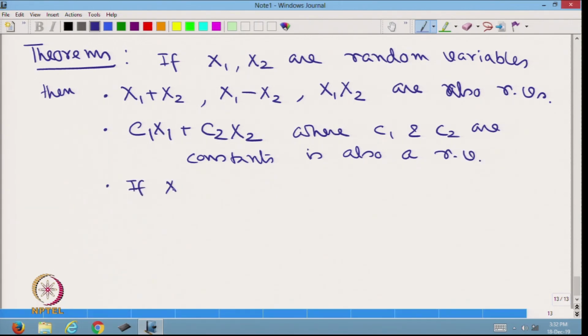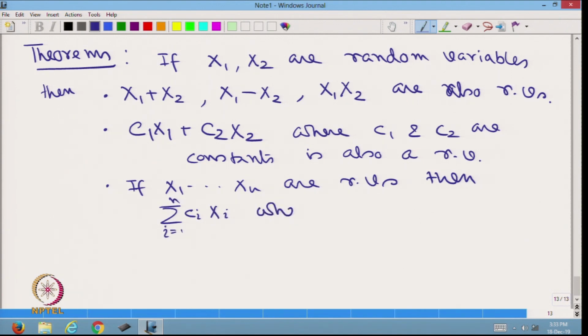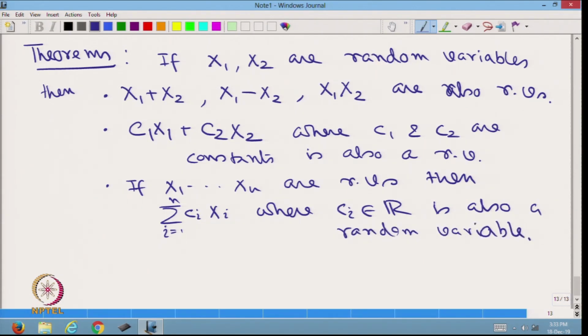If X1, X2, Xn are random variables, then sigma Ci Xi, i equal to 1 to n, where Ci belongs to R, is also a random variable. That means, I am looking at a weighted sum of different random variables, and that also is a random variable.